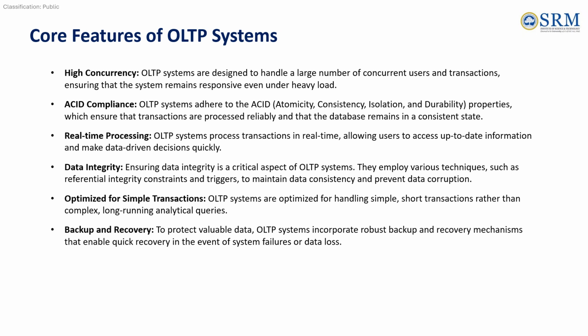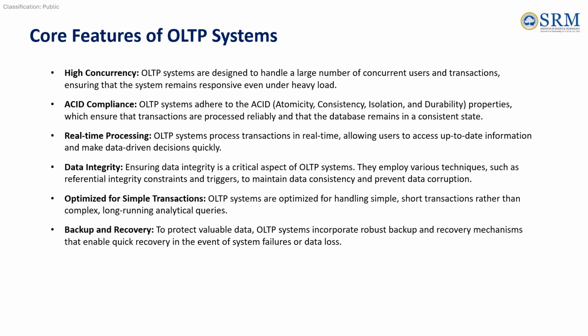Another major feature is ACID compliance. OLTP systems follow the ACID properties, which denotes atomicity, consistency, isolation, and durability. These properties ensure that transactions are processed reliably and that the database always remains in a correct and consistent state.